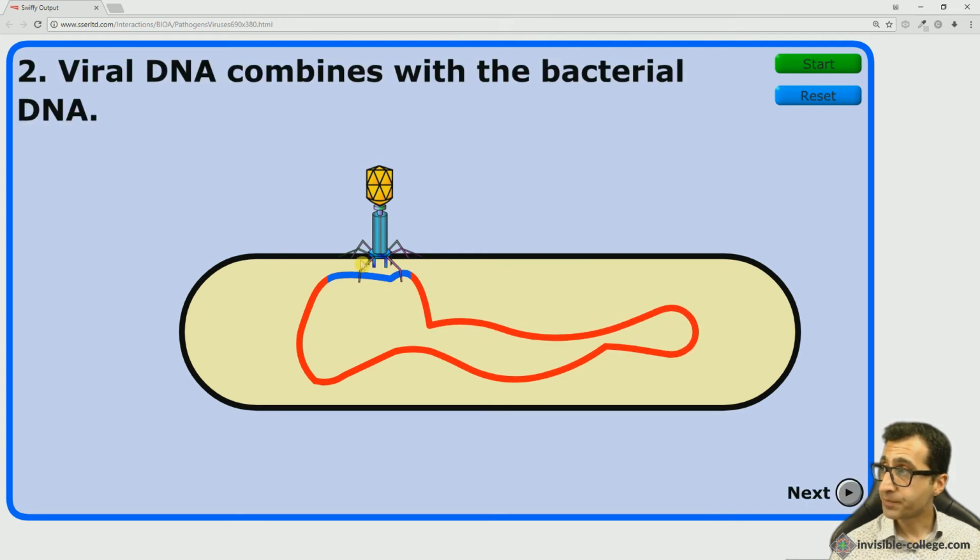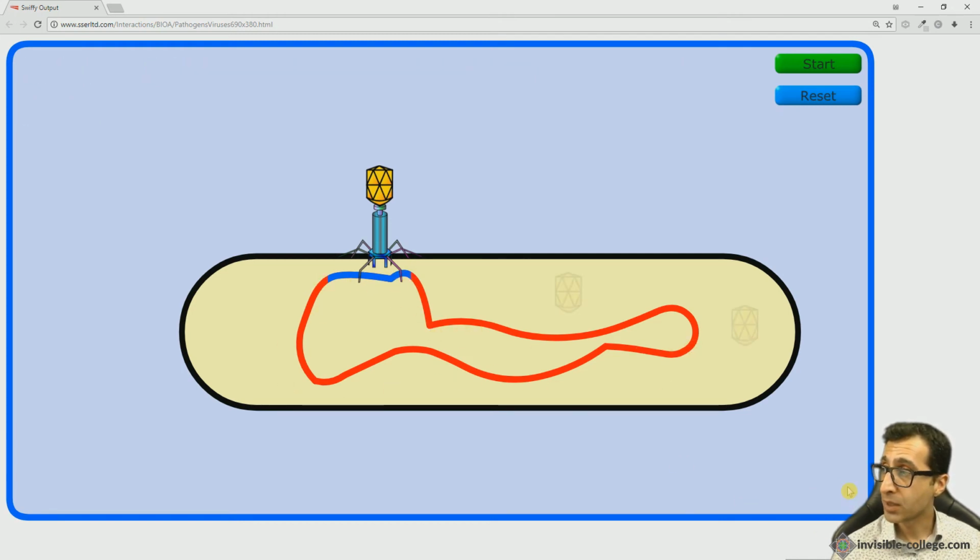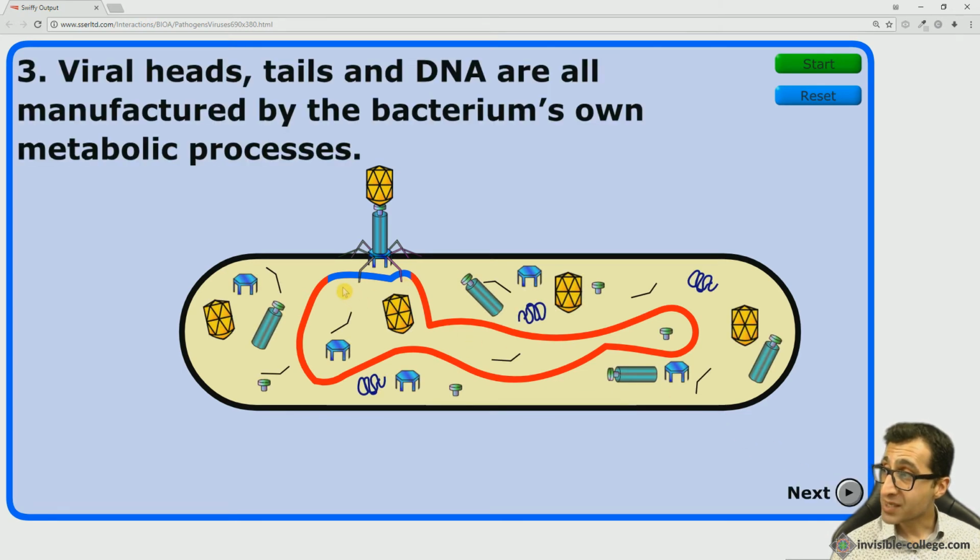At this point, the viral DNA will combine with the bacterial DNA and be spliced into the bacterial genome in this manner. So this blue segment here represents the viral DNA, which has now become spliced into the bacterial genome. What will happen now is that viral DNA is transcribed and translated into the protein components of new viruses, and also the viral DNA itself will be replicated to form more viral DNA.